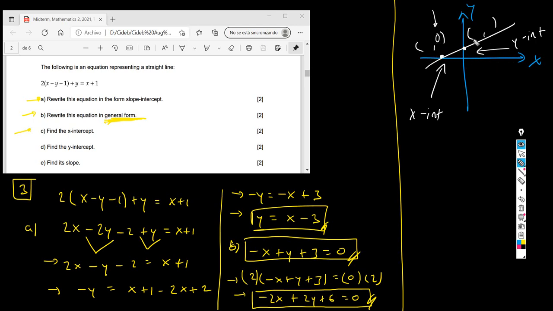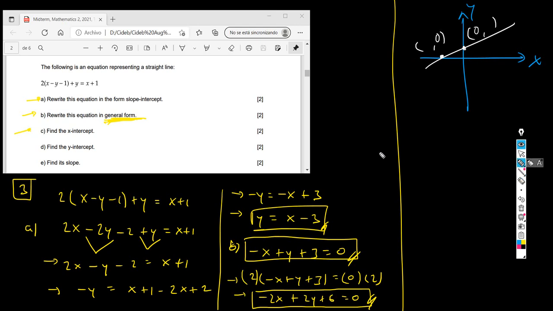And for the y-intercept, it's the other way around. The coordinate that must be 0 is the x, for obvious reasons too. You should be able to understand this quite clearly.